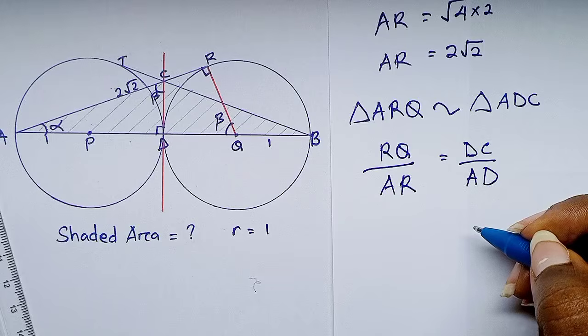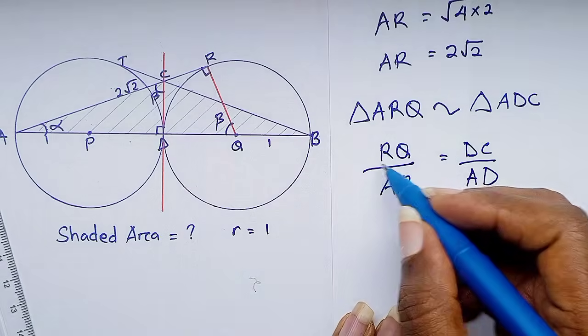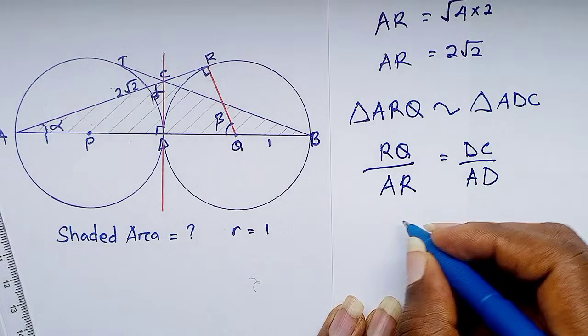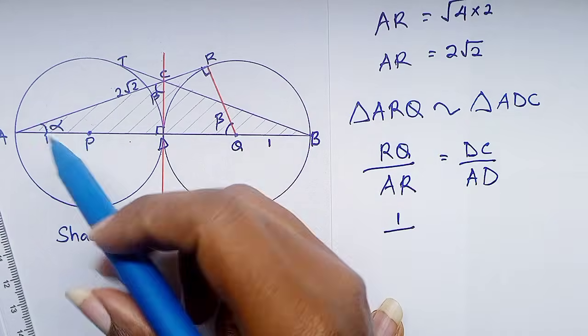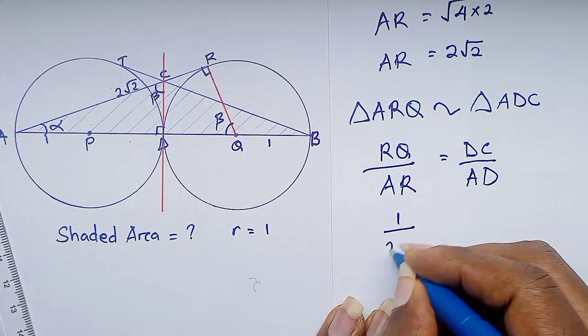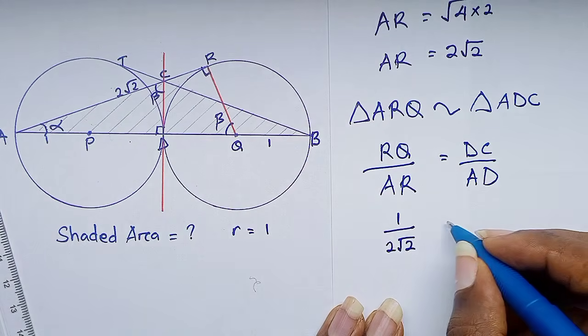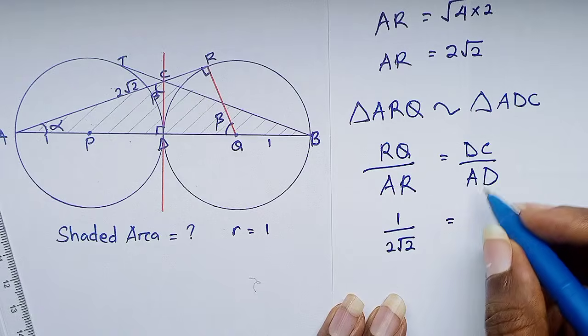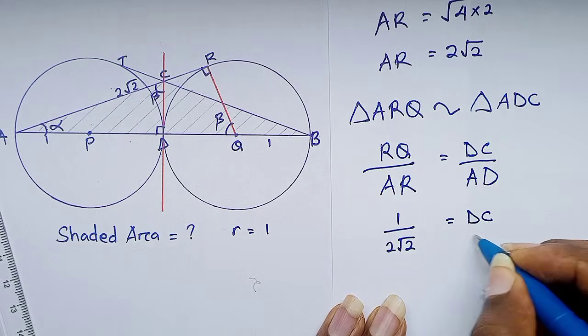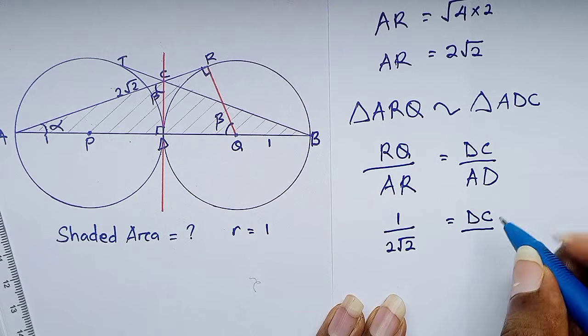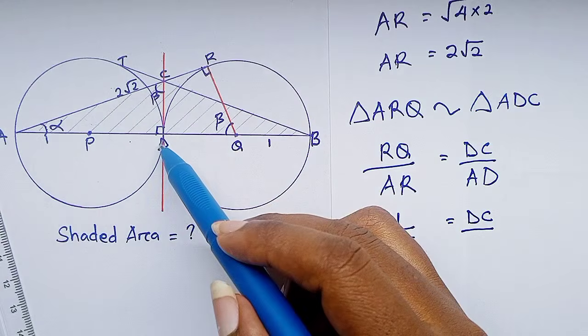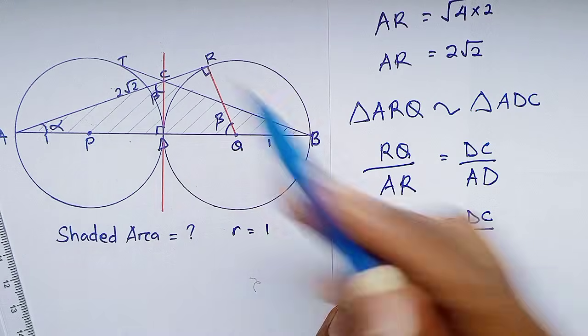Using proportions, we already know RQ is the radius, which is 1, over AR, which we found as 2 root 2. This is equal to DC, which we do not have, over AD, which is the diameter of the circle, which is 2.